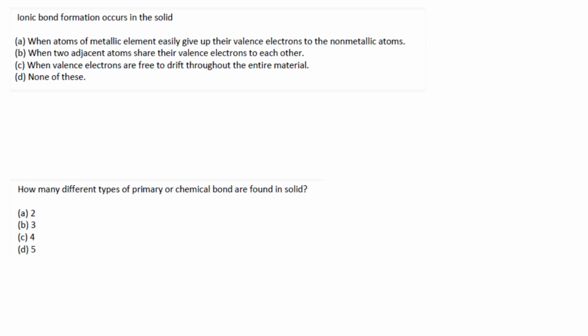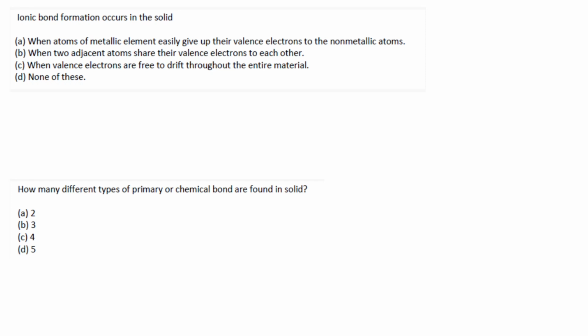So what normally happens in ionic bonding? In case of ionic bonding, the compounds are always composed of metallic and non-metallic elements. Some atoms of the metallic elements easily give up their valence electron to the non-metallic atoms. In this process, all the atoms acquire a stable or inert gas configuration, and in addition, electrical charges also.